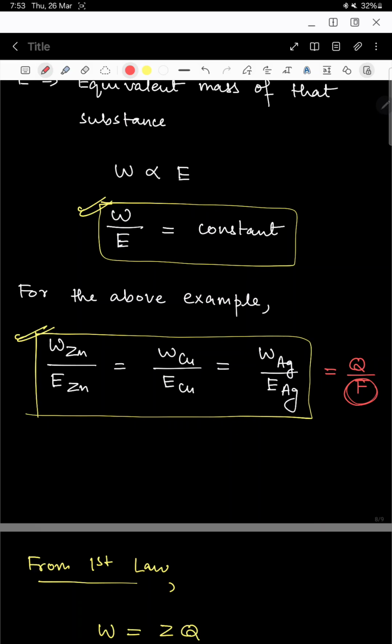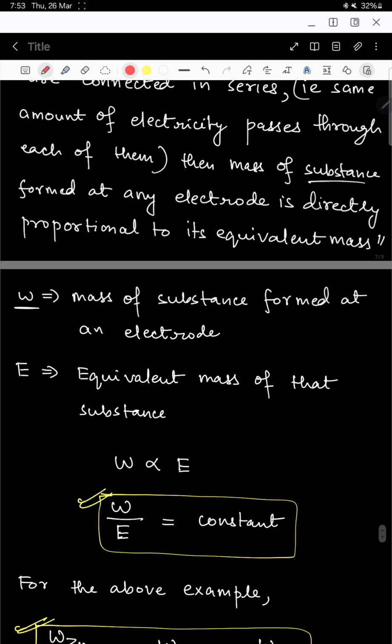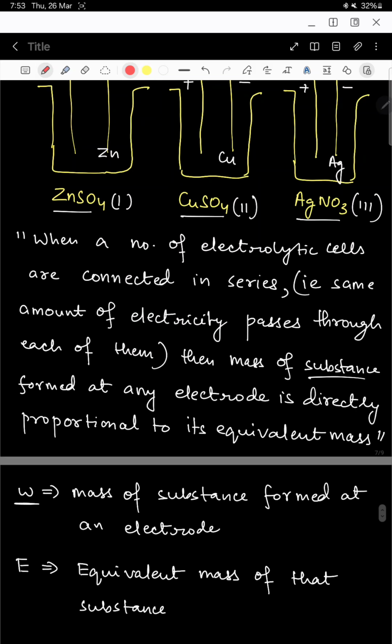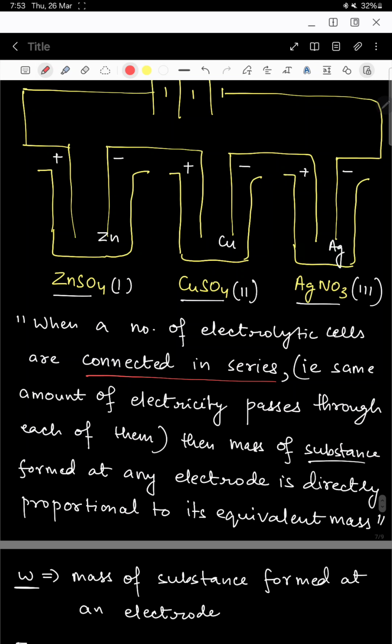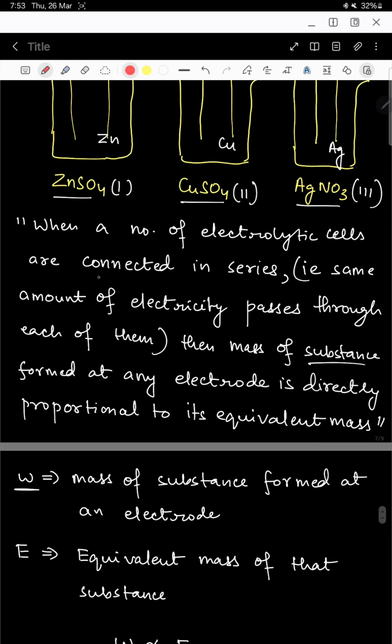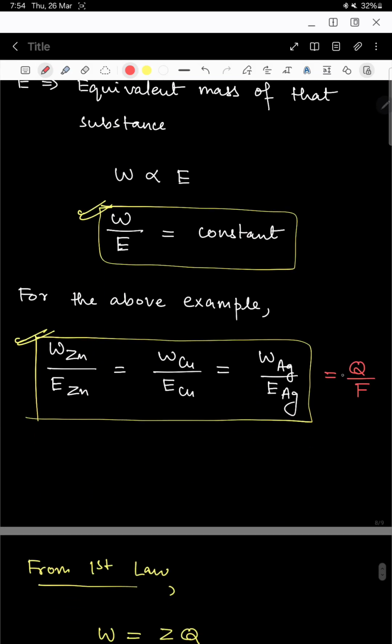Since these three are connected in series, the same amount of electricity passes through all three, so all three have the same value of Q. So Q by F will be a constant, and this constant is actually Q by F. Understood?